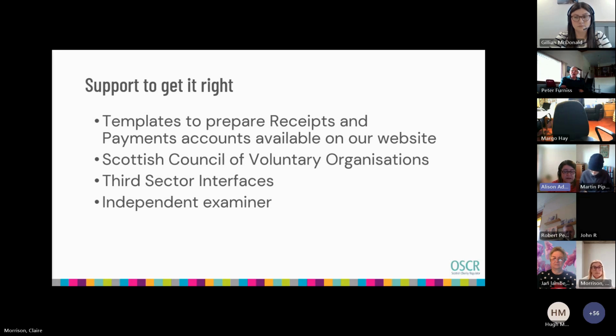These are local organisations that offer support to voluntary organisations, with one in each local authority area across Scotland. If your charity is part of an umbrella organisation, such as Early Years Scotland or Girl Guiding Scotland, for example, they may be able to give you support. And your independent examiner should also be able to give you some support to help get your accounts right and advise if the content is compliant with the legal requirements.